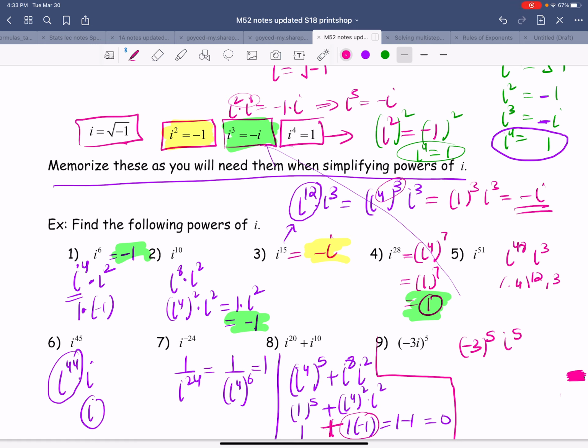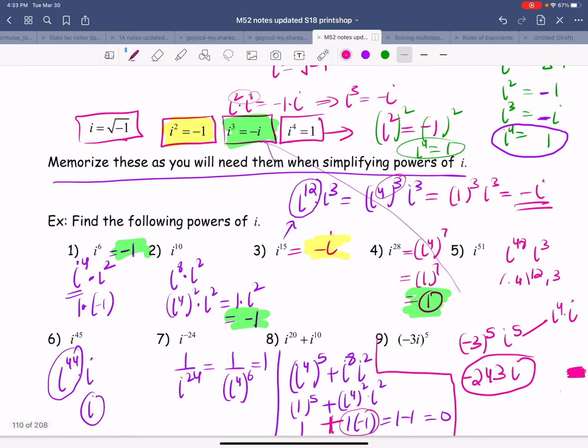Negative 3 to the 5th power: 3 times 3 is 9, times 3 is 27, times 3 is 81. 3 raised to the 5th power is 243. So this is going to be negative 243. And i to the 5th can be written as i to the 4th times i, which i to the 4th is 1. So it's negative 243i.